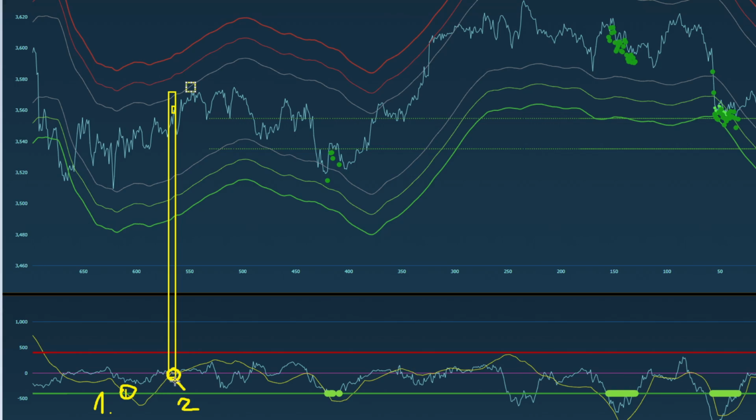So what happens next is that we didn't get to the plus 400, so we are still in this downtrend, right? And we nicely get down to the gray bands.